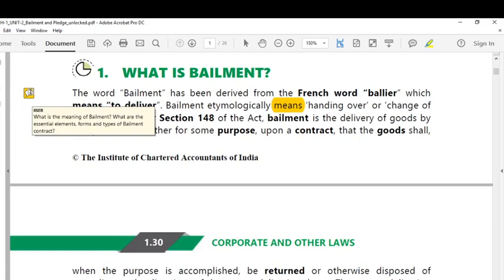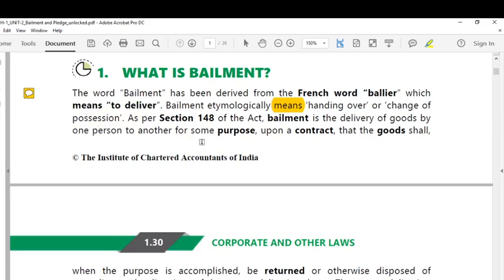So, apart from the meaning, the essential elements, forms and types of a contract of bailment will be studied under this topic, and the question likely to be asked would be: what is the meaning of bailment and what are the essential elements, forms and types of bailment contract? Right.